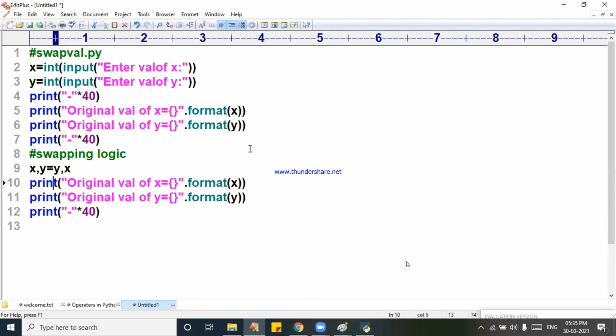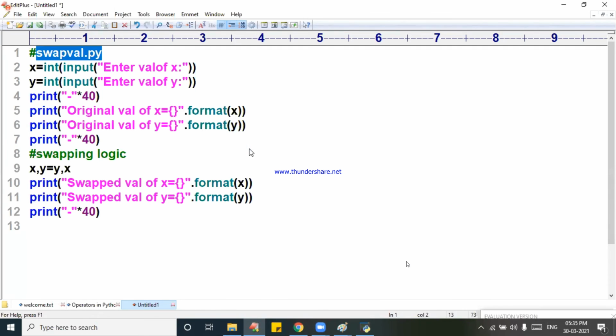Swapped value of x, swapped value of y. Now let us save this code.